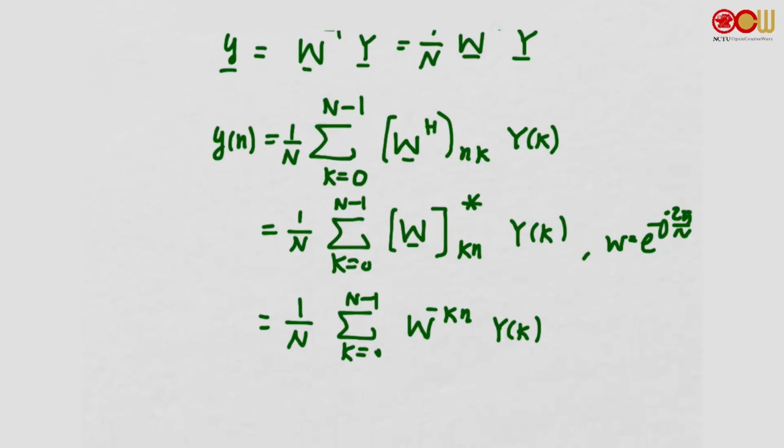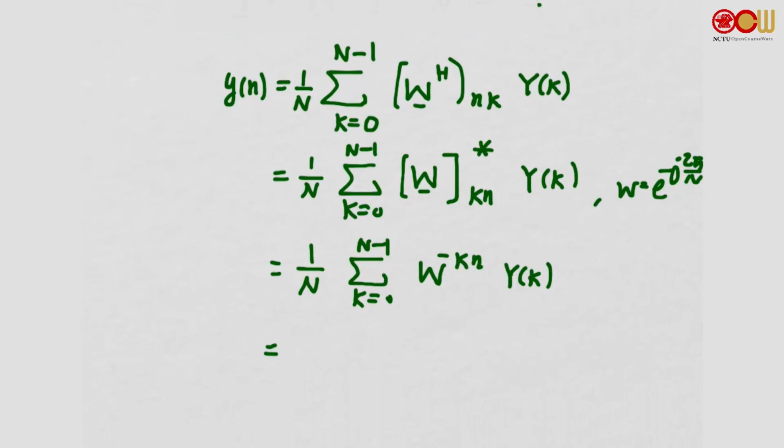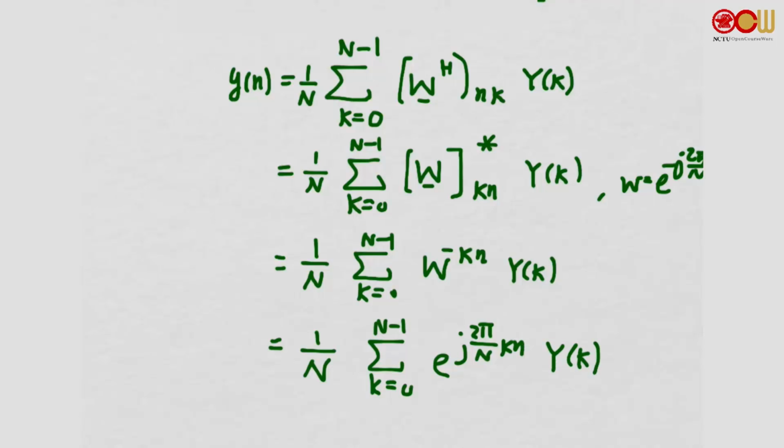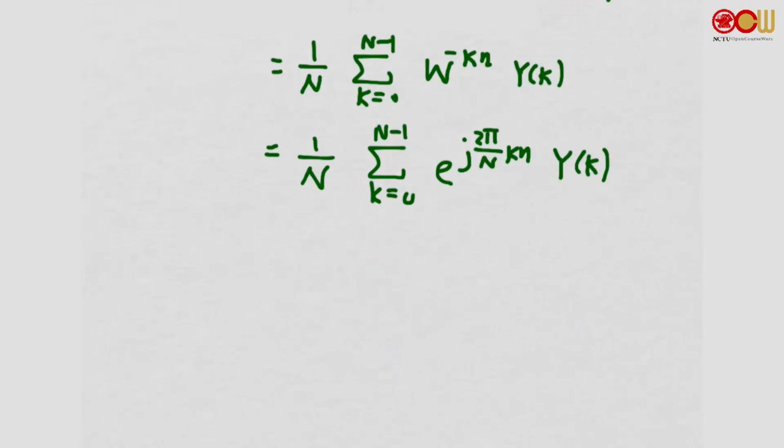Or we can write it in its original form, the exponential term, e to the j 2 pi over n, kn, and then yk. That's the inverse DFT. So with the IDFT, we can compute yn from the DFT sequence.